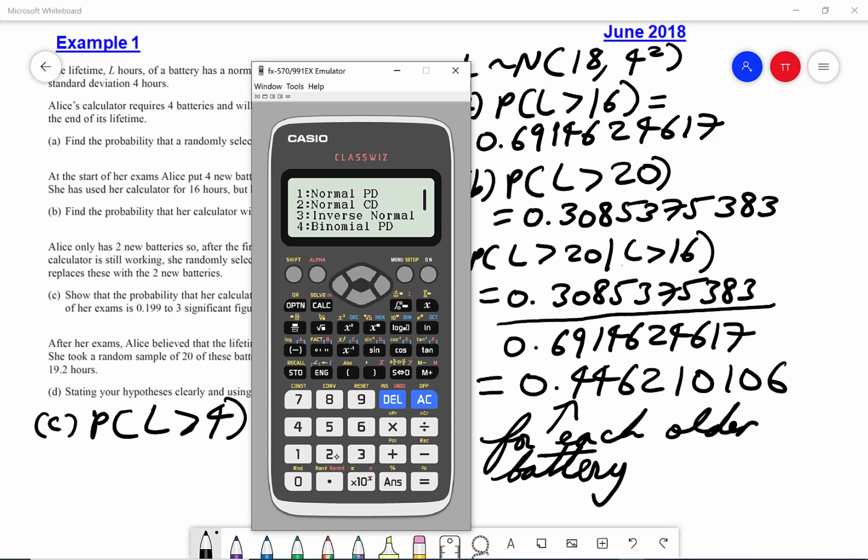I'm going to go to option 2 for normal CD. So I want it to be greater than 4 up to say 1,000,000. Remember, this is really positive infinity. Standard deviation is 4 and the mean is 18.